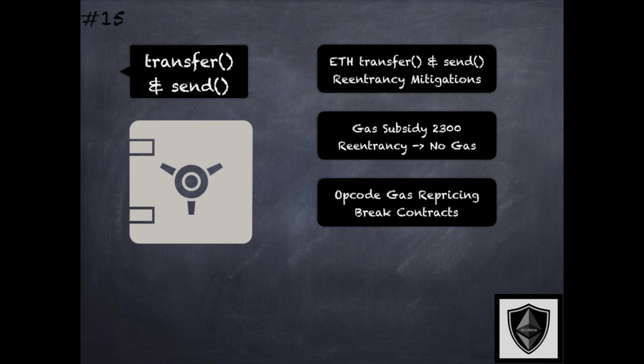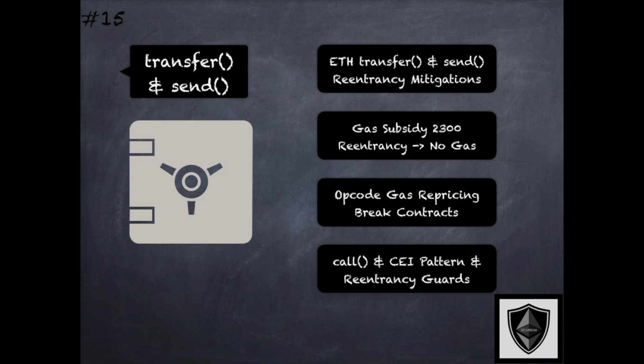However, over time, some of the opcodes have been repriced when it comes to their gas usage. So their gas cost has increased in some of the recent hard forks on Ethereum, and because of that, the use of these primitives that enforce the gas stipend of 2300 gas could break the contracts, because it might not allow the called contract to even do the basic processing that we just talked about.